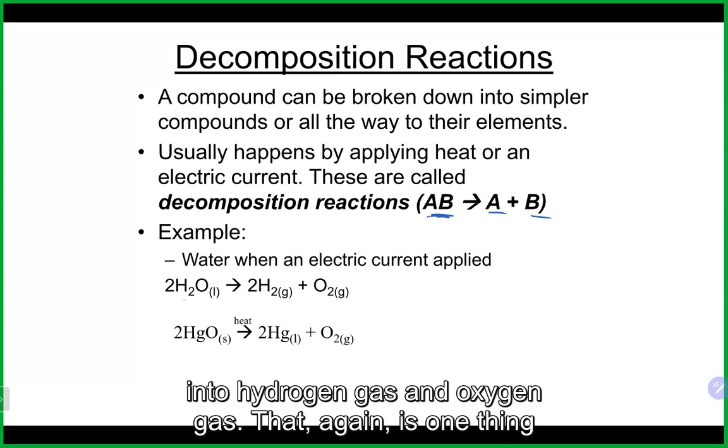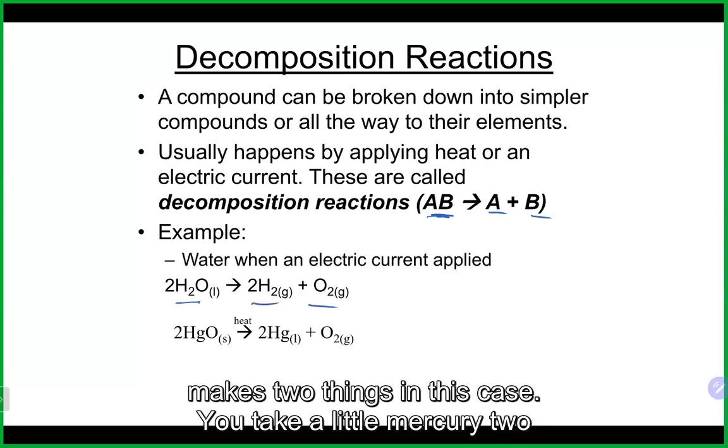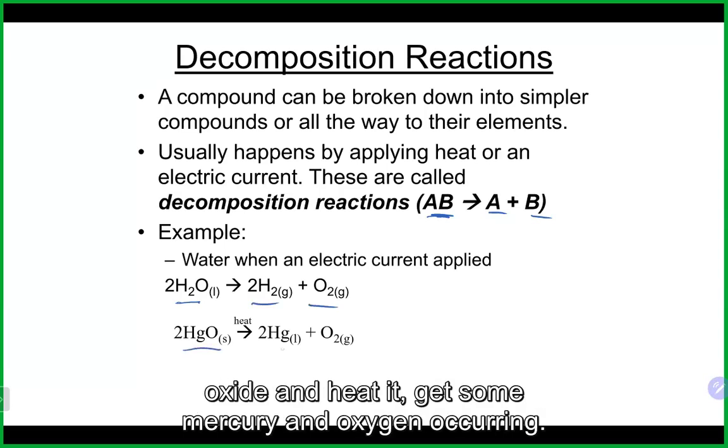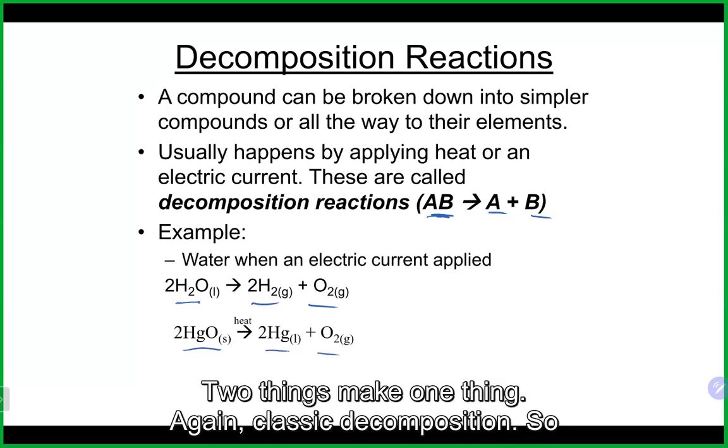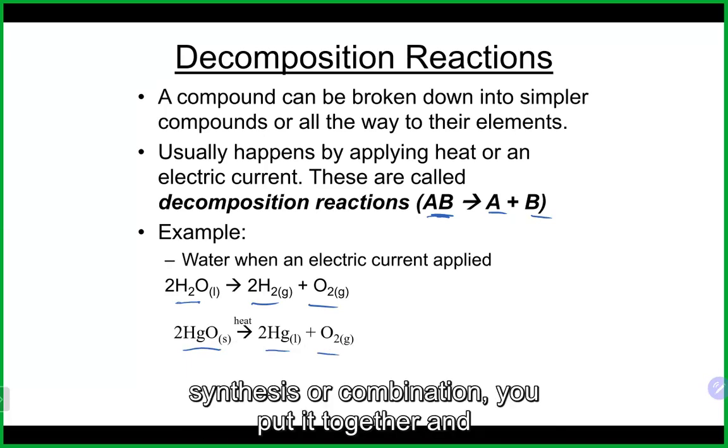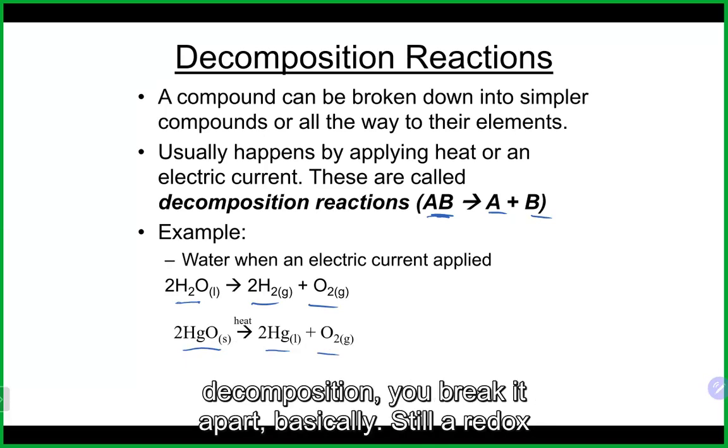That is one thing making two things. Take some mercury(II) oxide and heat it, and you get mercury and oxygen. Again, classic decomposition. With synthesis or combination you put it together, and with decomposition you break it apart.